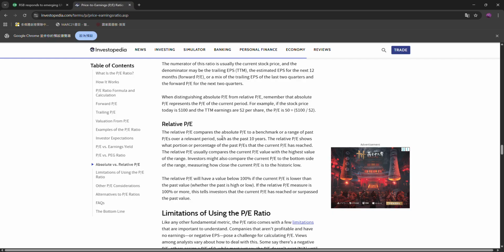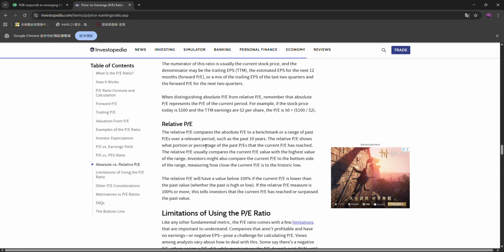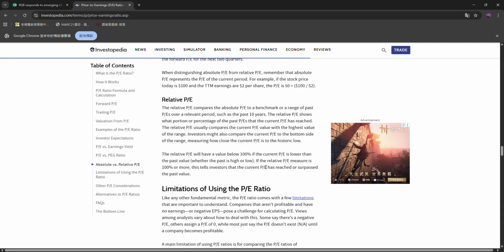Relative PE. The relative PE compares the absolute PE to a benchmark, a range of past PEs over a relevant period, such as the past 10 years. The relative PE shows the portion or percentage of the past PE that the current PE has reached, measuring how close the current PE is to its historical low.